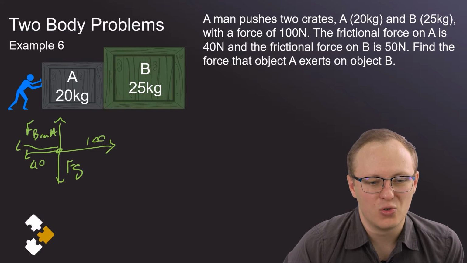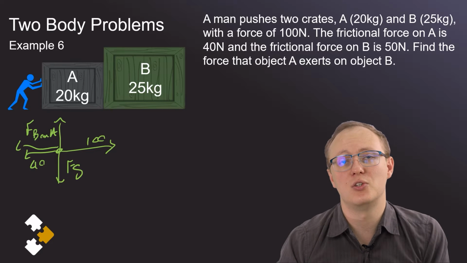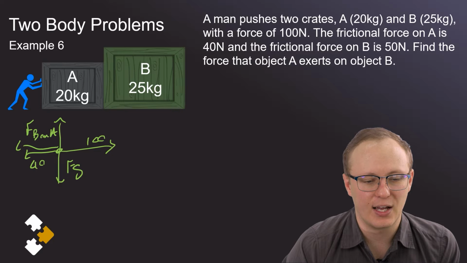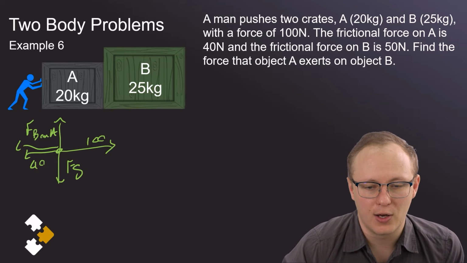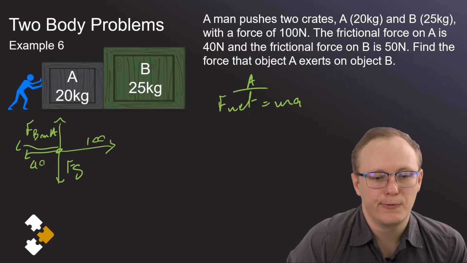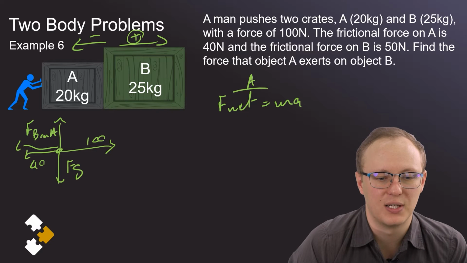Now, normal and Fg we don't really care about here because we're not trying to use the normal to find friction. We were told what friction is, so we're not going to calculate those. So if we write our object A, F net equals ma, and here for consistency, the right is going to be positive, the left is going to be negative.